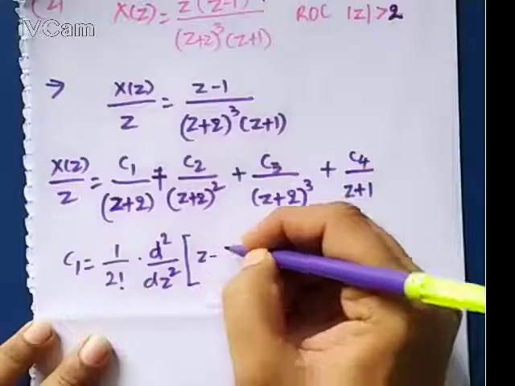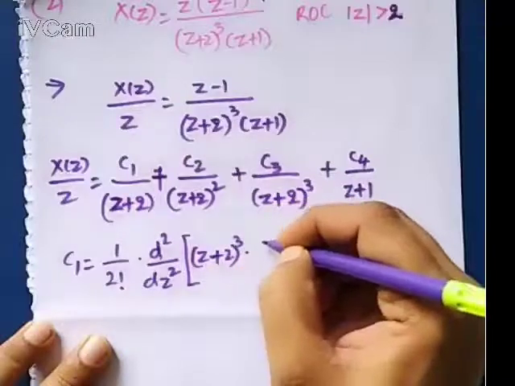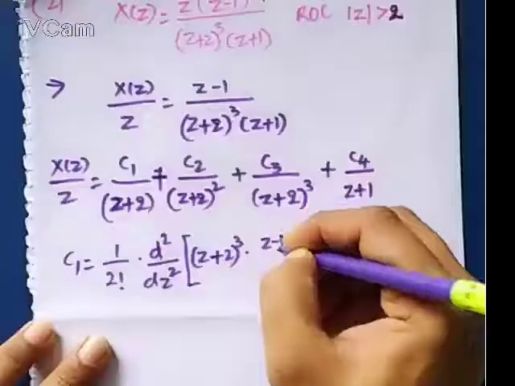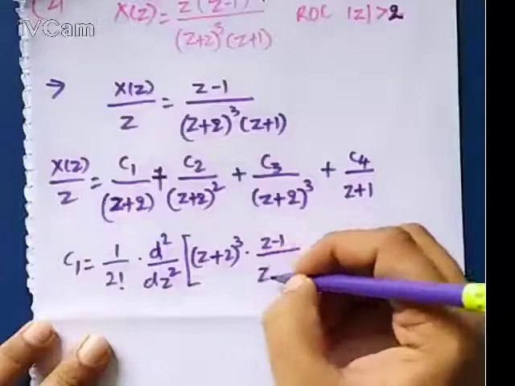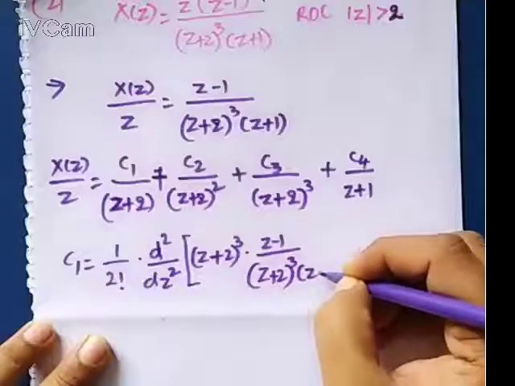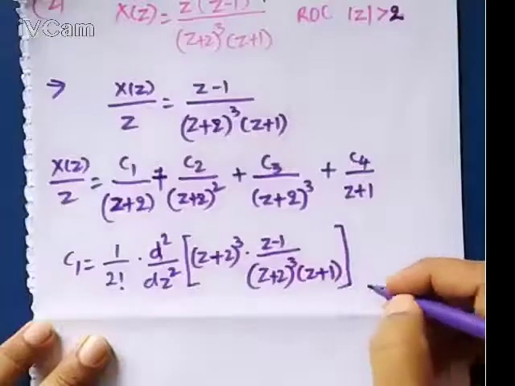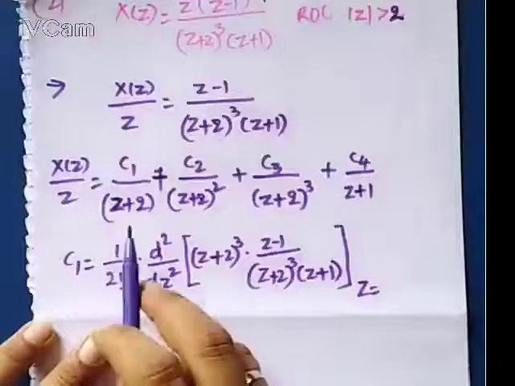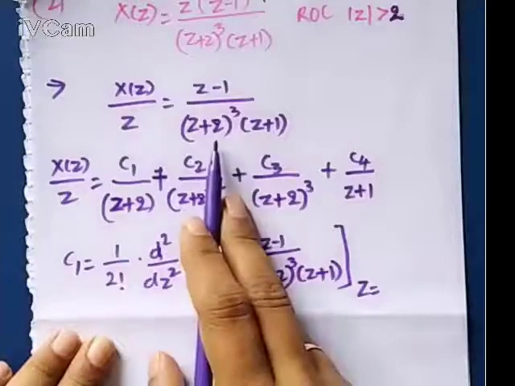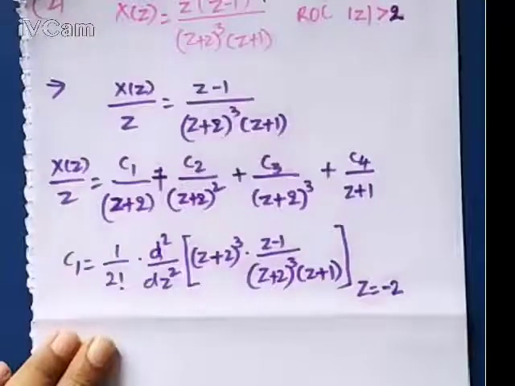(z plus 2) whole cube into X of z by z. That X of z by z is this one only, so (z minus 1) upon (z plus 2) whole cube into (z plus 1), at z equal to p1, whatever the p1 is, here its term is minus 2, so that will be minus 2.